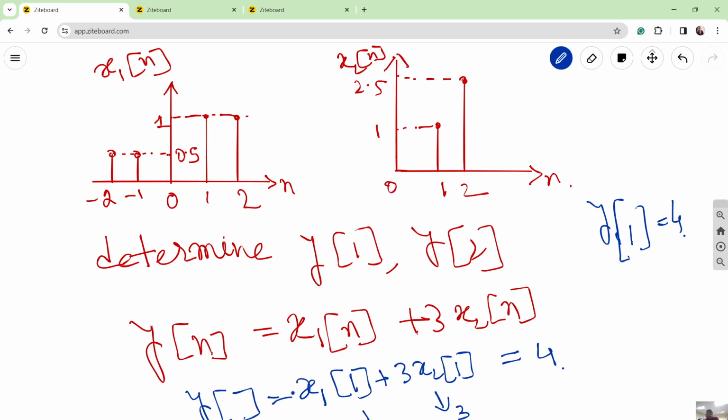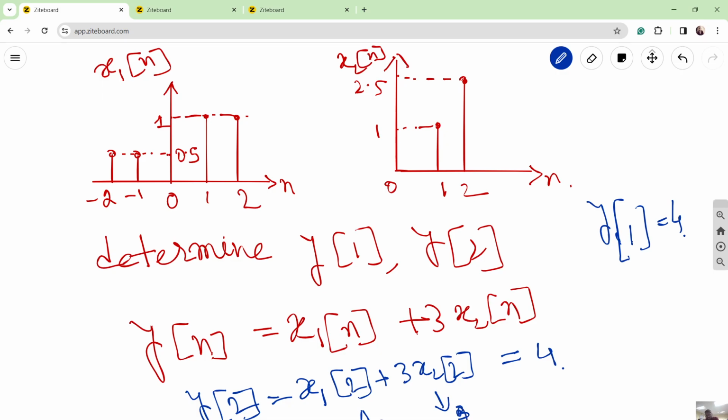Similarly, for y2, all the n's just become 2. Y2 is equal to x1 of 2 plus 3x2 of 2. x1 of 2 is again 1 and x2 of 2 is 2.5.